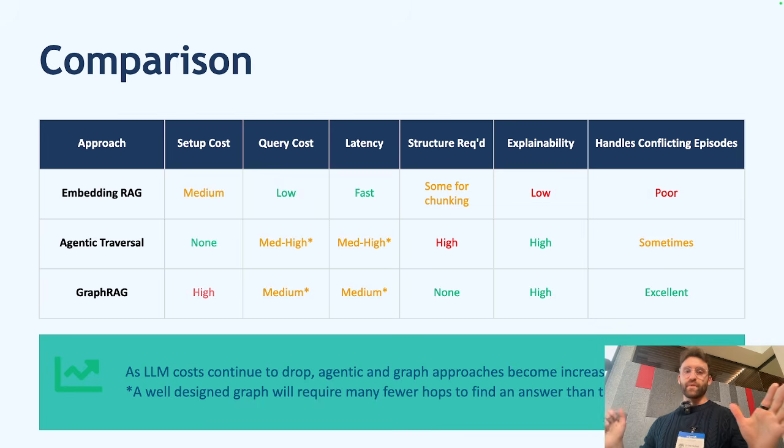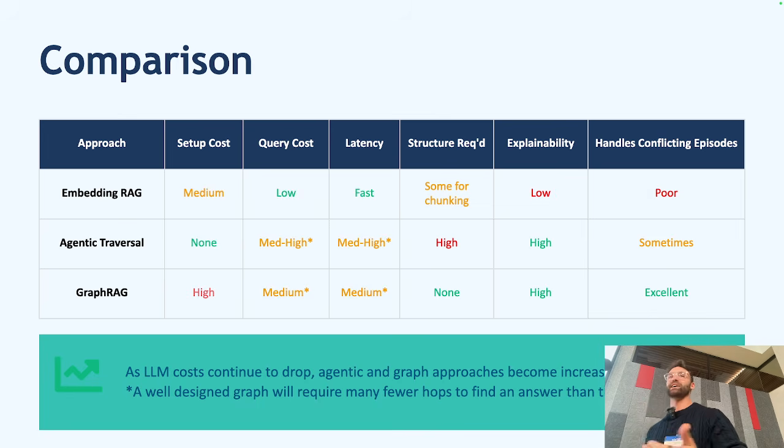So yeah, overall comparison: embedding RAG, if you have no money and you have a massive amount of data, like you have absolutely insane data scale, you probably have to use embedding RAG. But again, I never want to use embedding RAG because when a user opens a ticket and says, why did it say this?